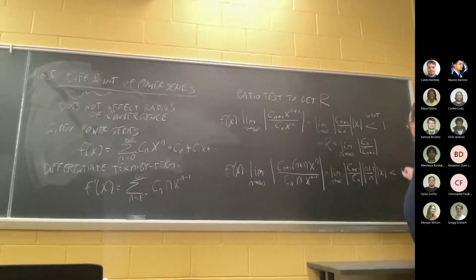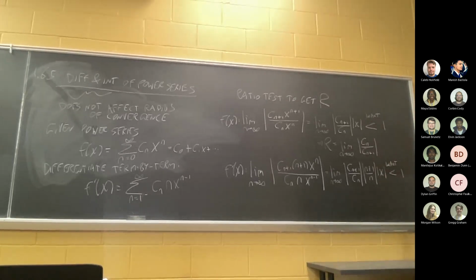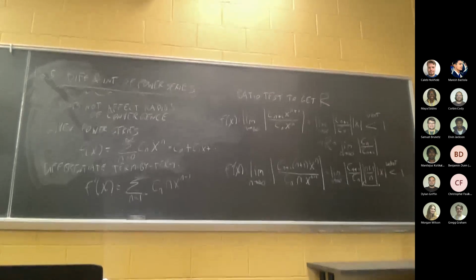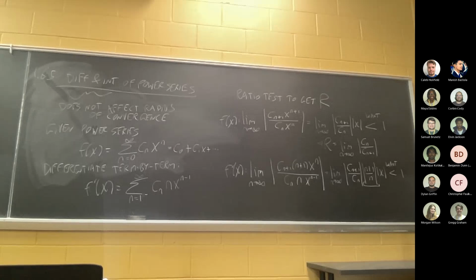And I still want this to be less than 1. So it's not exactly the same expression. But what's happening to that part, just that part, as n goes to infinity? What's the limit of this fraction? It's 1, because I can also write this as 1 plus 1 over n.